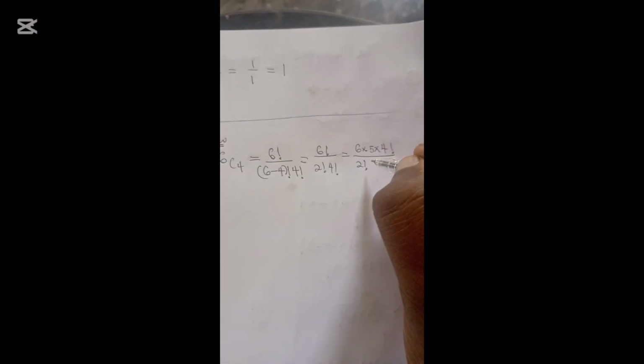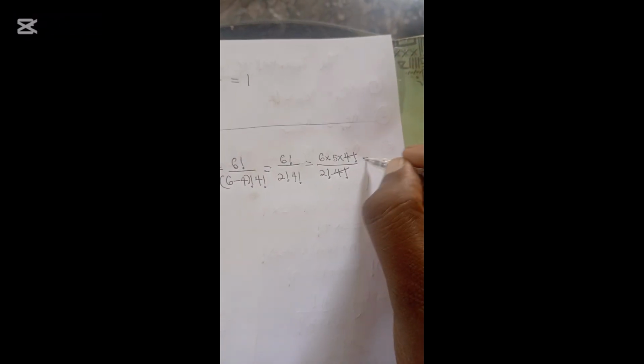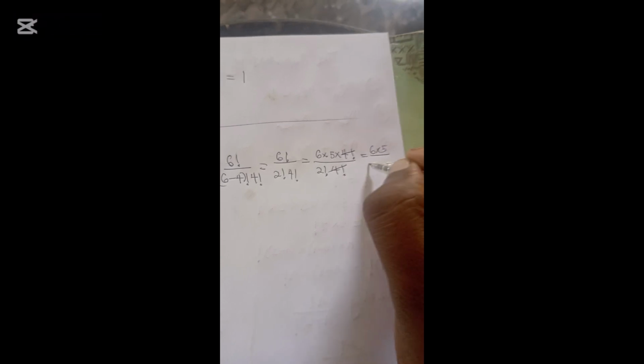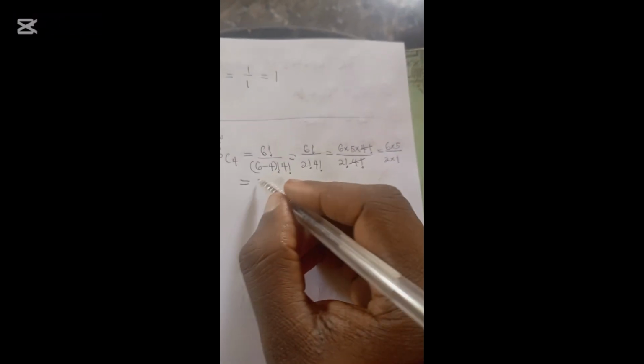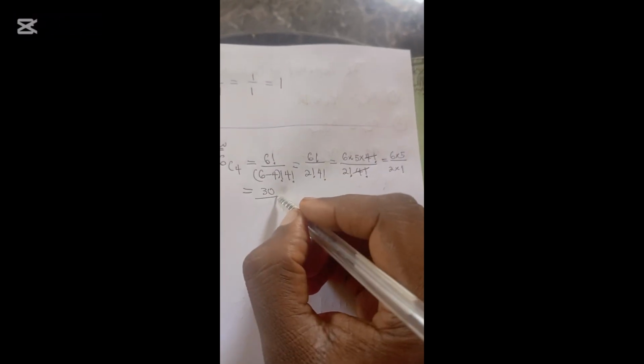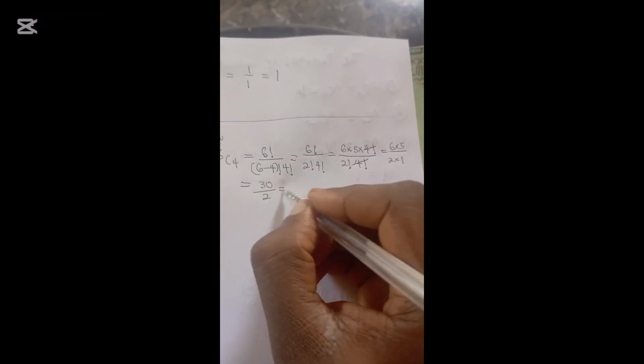And we can just drop the 6 factorial a bit so that we can have 6 times 5 times 4 factorial. We can stop at 4 factorial because we have 4 factorial under to cancel it. So we will be left with 6 times 5 over 2 times 1, which gives us 30 over 2, which is 15.